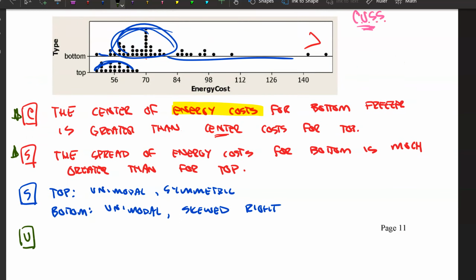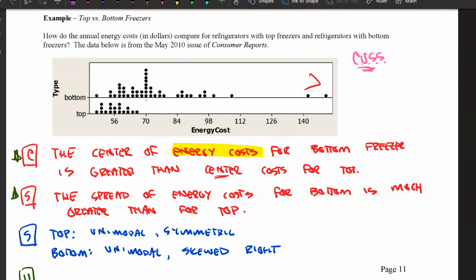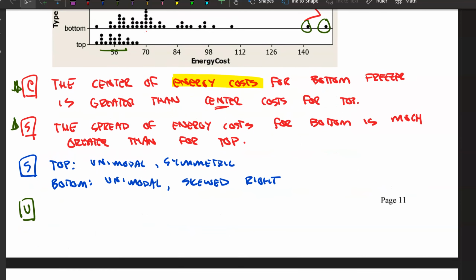Unusual features. It looks like there are no unusual features for top, but it looks like here we got a couple outliers on the large end.